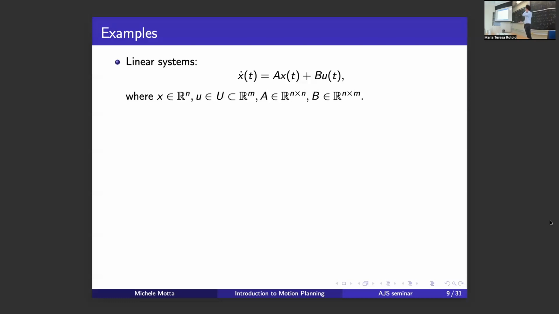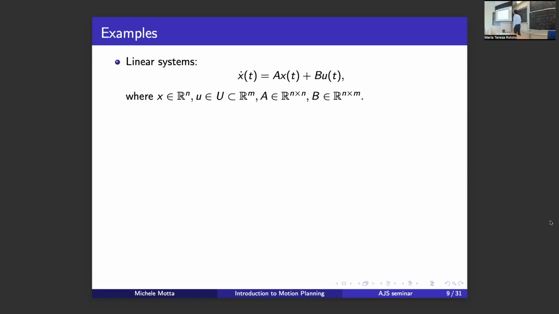So the first class of control system which one can use to model systems of robots, for instance, is a linear system.